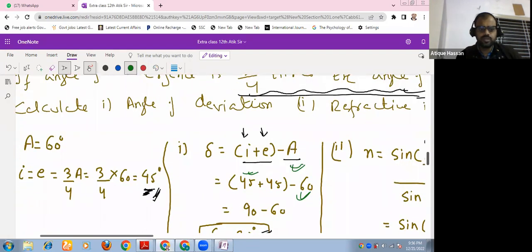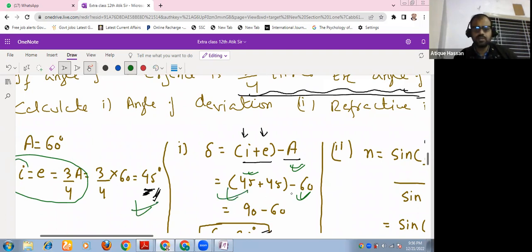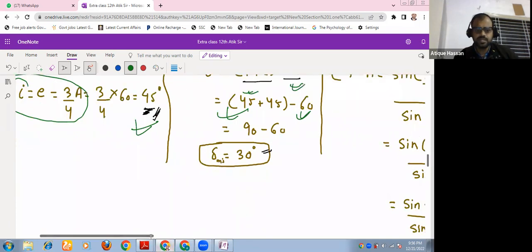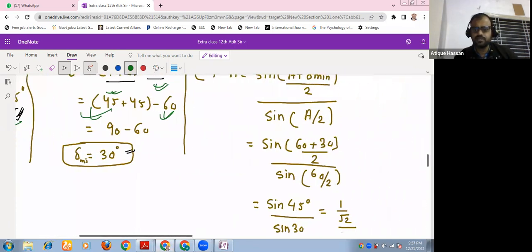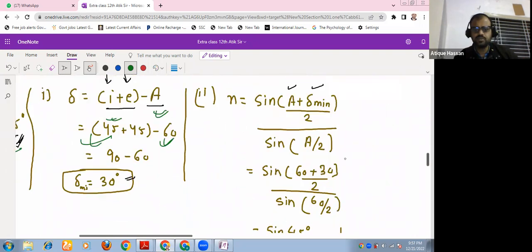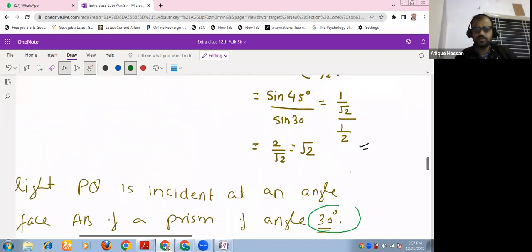It is also given that I equal to E equal to 3A by 4, right? So from here you will get I equal to 45 degree and you can put this in the formula. You will get delta. Similarly, you can find the refractive index by this formula. Delta minimum we have calculated as 30 degree and A by 2 we know, so by putting in the formula we will get the refractive index. Got it?